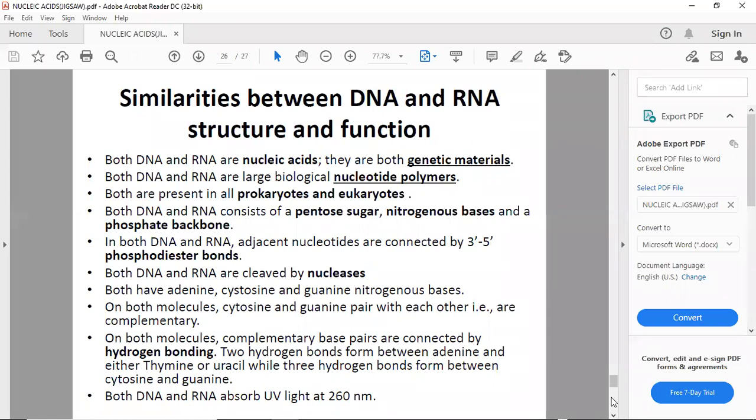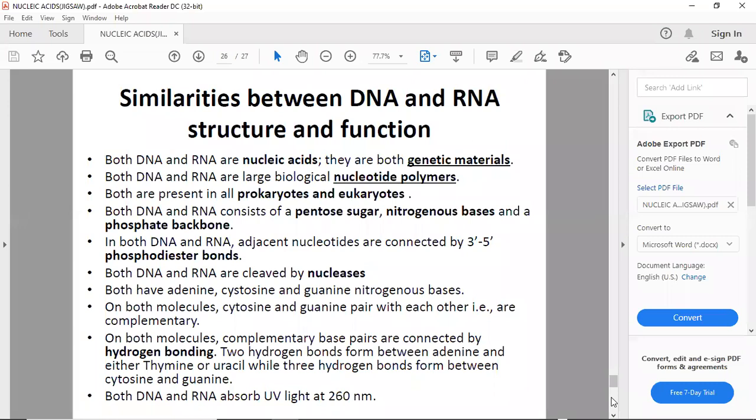They are present in both prokaryotes and eukaryotes. Since they are made of nucleotides, they both contain a pentose sugar, a nitrogenous base, and a phosphate backbone. In both DNA and RNA, we have adjacent nucleotides that are connected by 3' to 5' phosphodiester bonds.